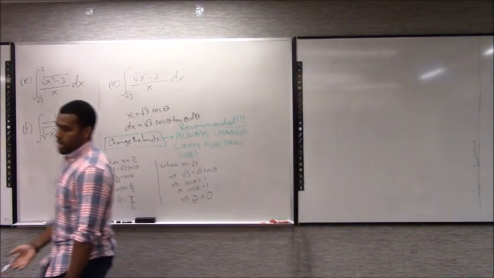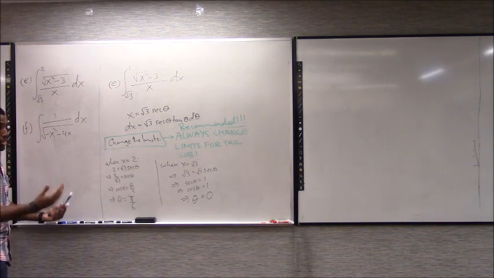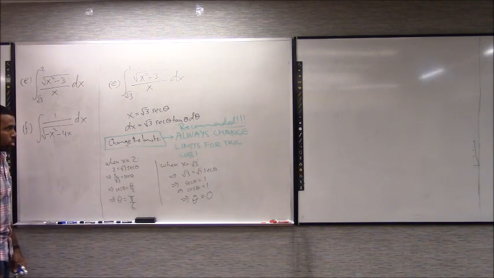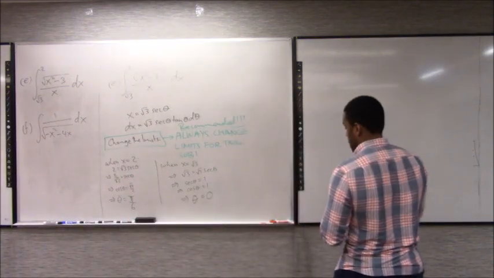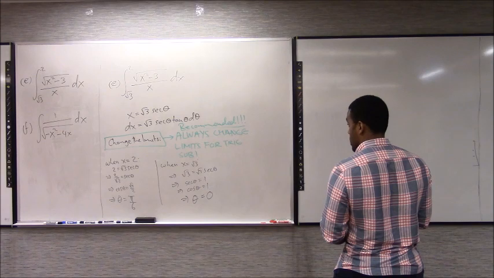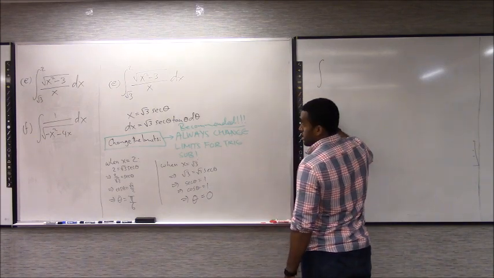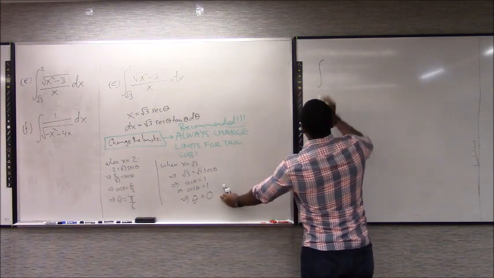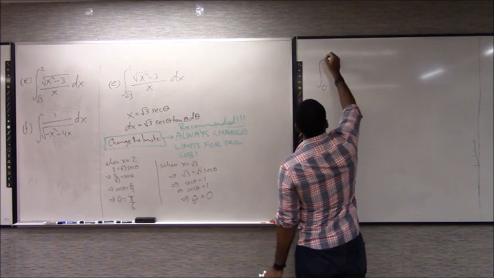Here it's okay to pick any number that gives it. Technically you could also pick 2 pi, but 0 is a nicer number to use. So I would change the limits. Now when I'm plugging it in with these new limits, I don't need to go back to x's at the end of the day. So instead of radical 3, I am going to have 0, and instead of 2 at the top, I'm going to have pi over 6.